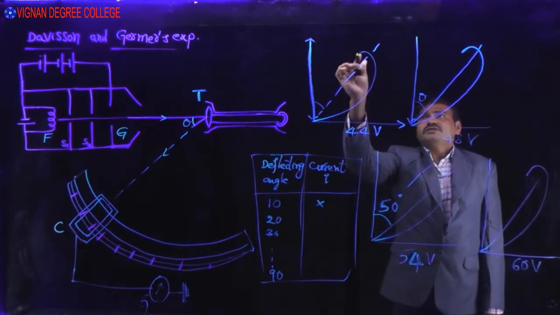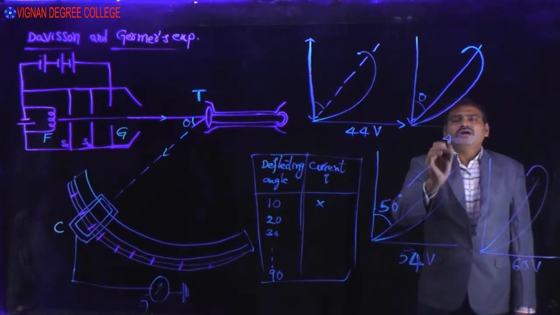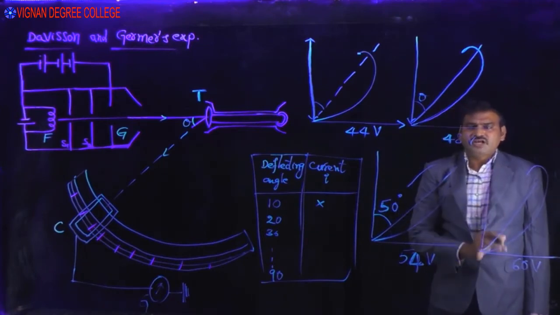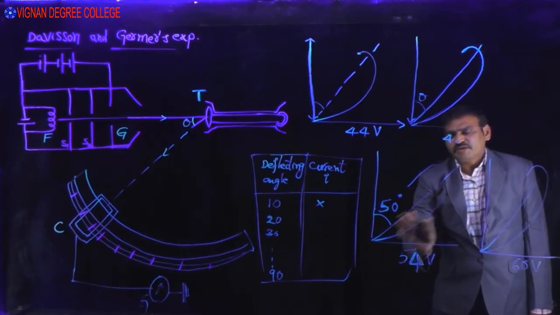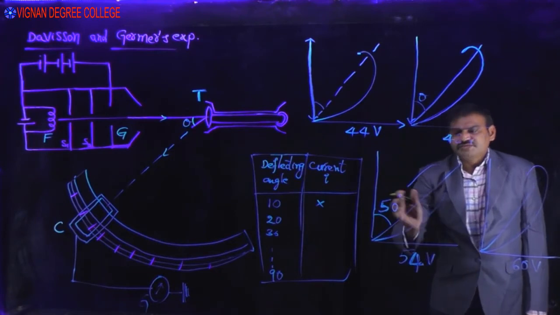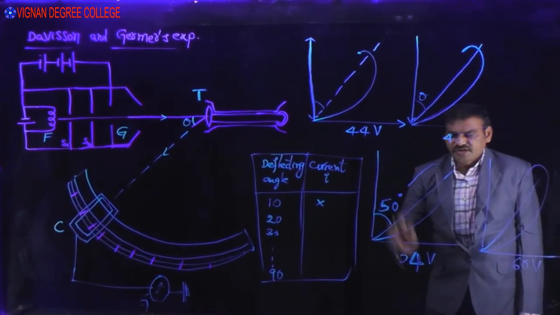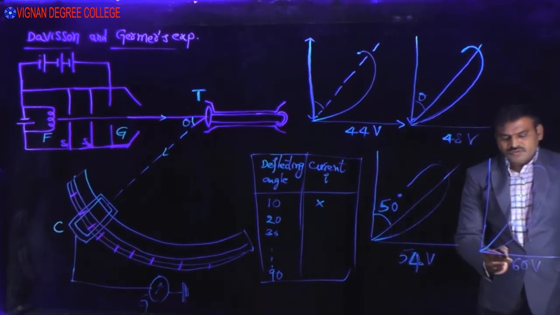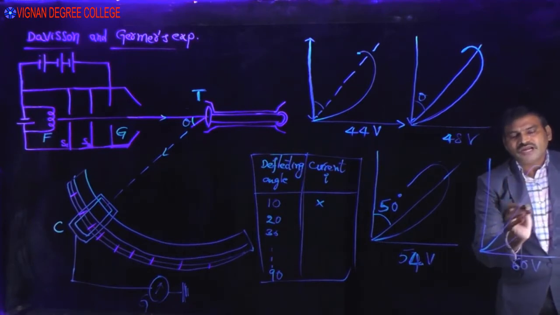The bump begins at 44 volts, and as we go on increasing the potential to 48 volts and 54 volts, the bump becomes maximum at 54 volts and at an angle of 50 degrees. And as we go on increasing the voltage to 60 volts, the bump gradually disappears.